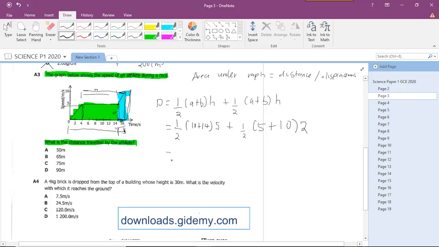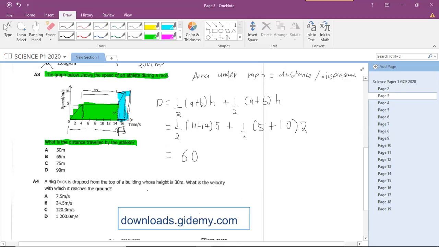So all we have to do now is get our calculator. You say 10 plus 14, you get 24. You multiply 24 by 5, you get 120. Then you divide 120 by 2 because you're halving it, so your answer is 60.